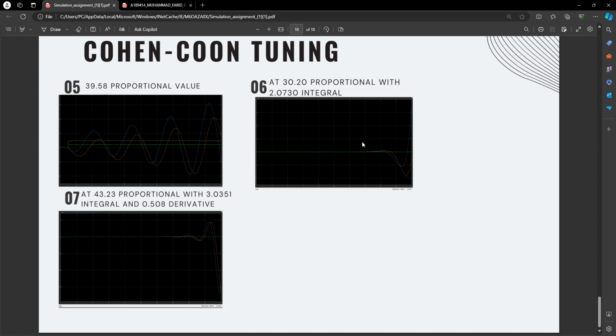This is the PI data, and the last one is the PID outcome data. We set the proportional value at 43.23, the integral at 3.0351, and also 0.5088 derivative. This is the data that we obtained for the PID controller.